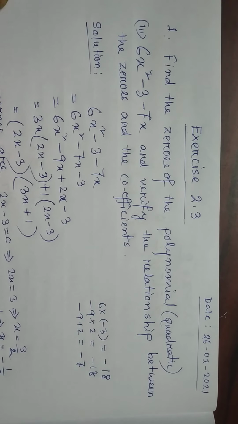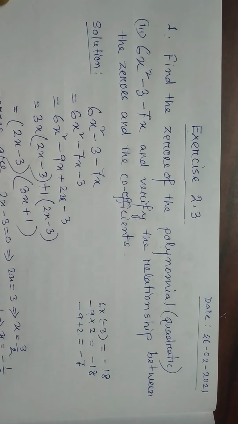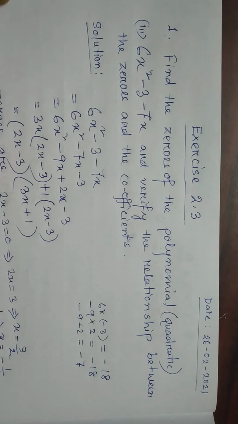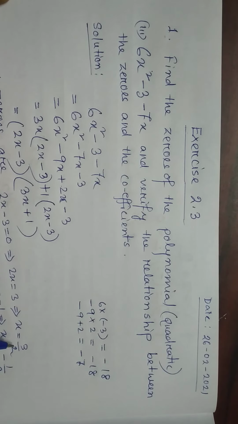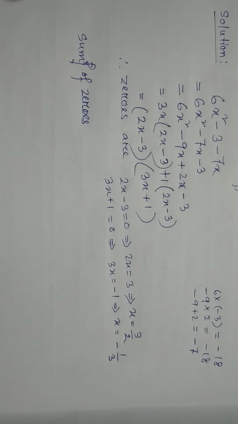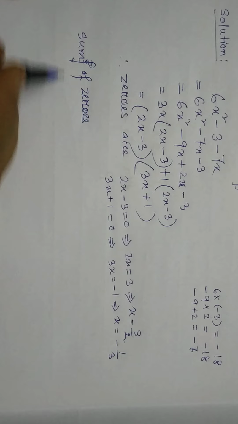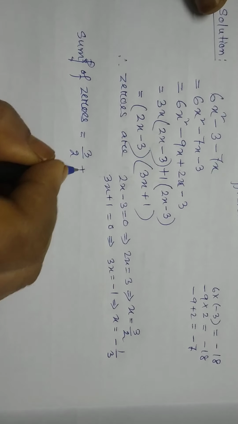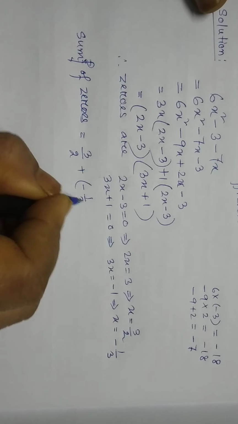Here, sum of zeros. Because here two zeros, one is 3 by 2, another is minus 1 by 3. Sum of zeros means 3 by 2 plus minus 1 by 3.